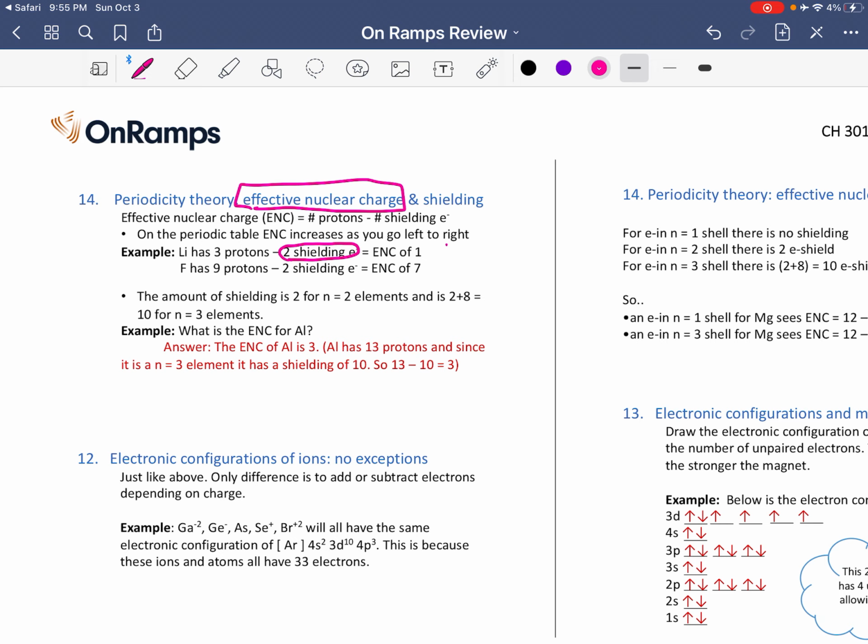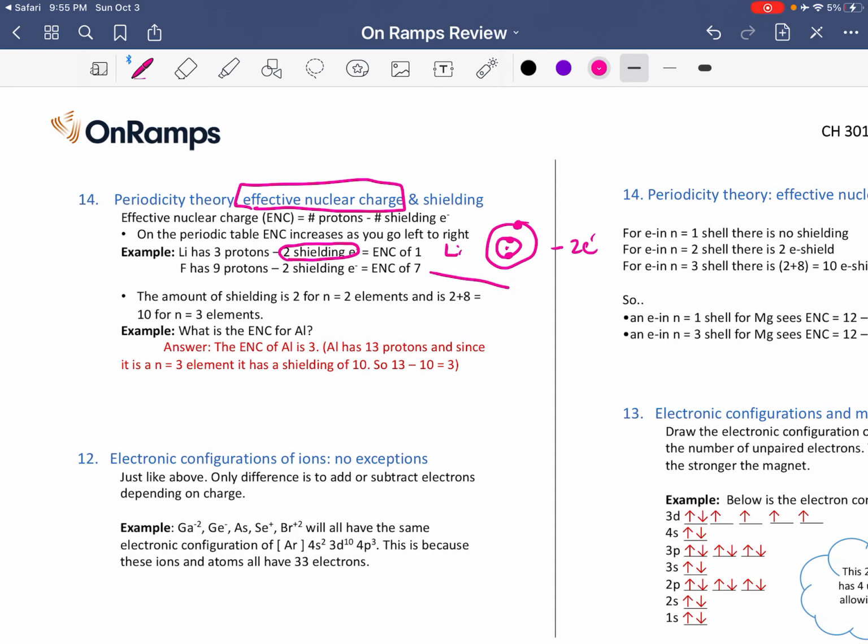So Li has 2 shells, 1, 2, and then a third electron in the third shell. So 2 electrons are shielding the valence electrons from feeling that positive charge.